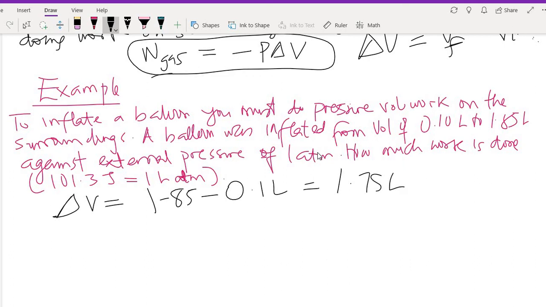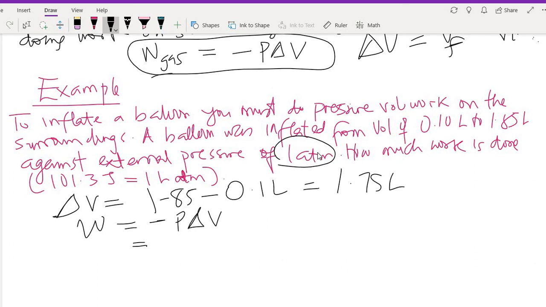Because this is expansion work, our W gas is going to be negative P dV. Our pressure is 1 atmosphere.